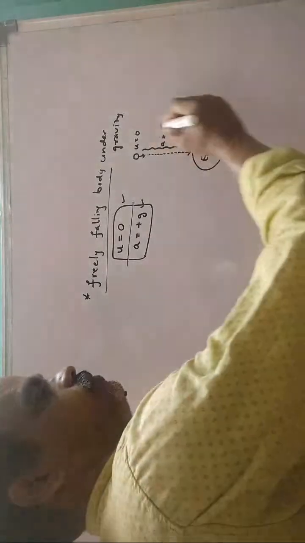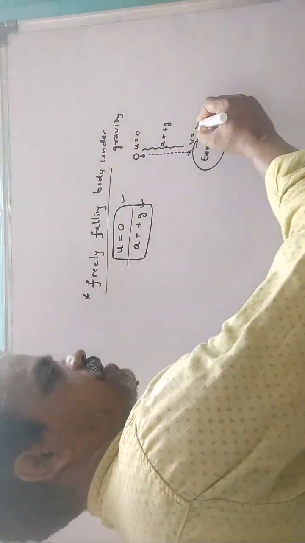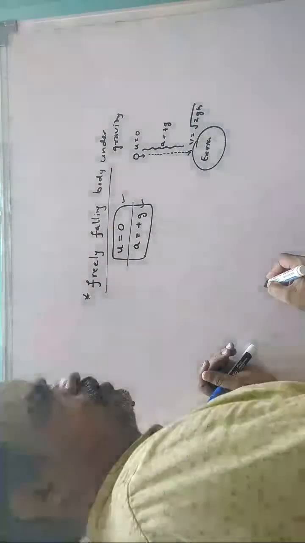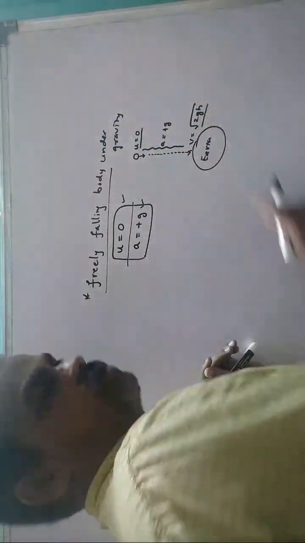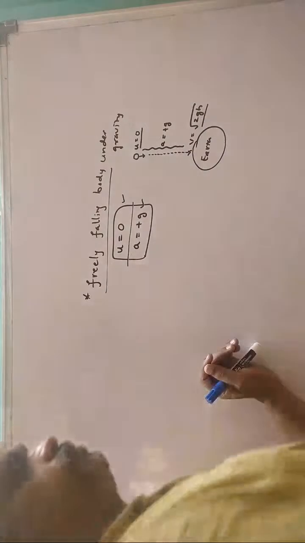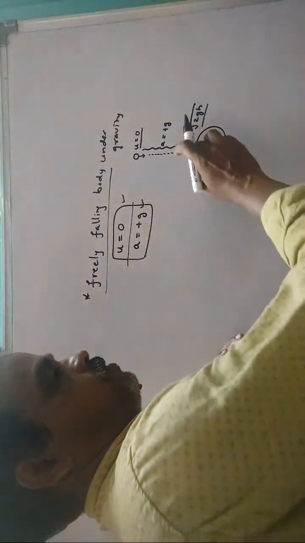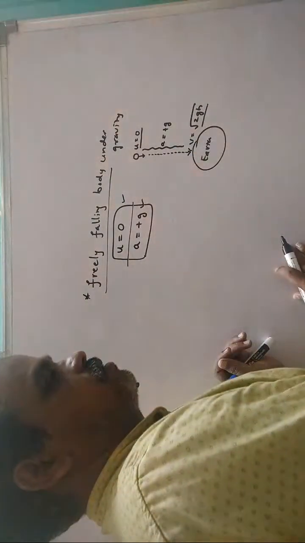So for this one, before touching the ground, what is the velocity we already calculated? That is equal to root 2gh. So u equal to 0, it started and reached velocity under root of 2gh. The final velocity of the freely falling body before reaching the ground.